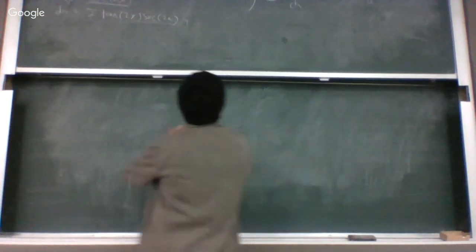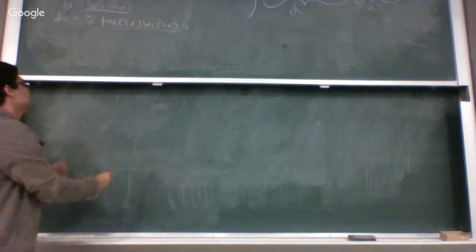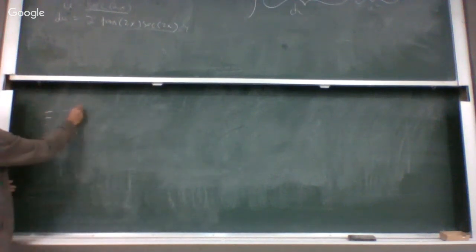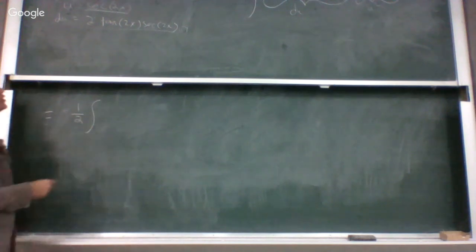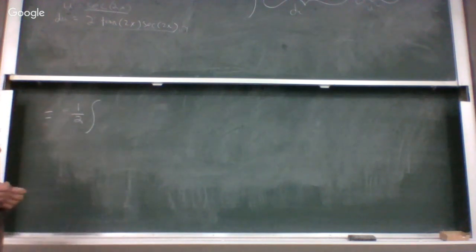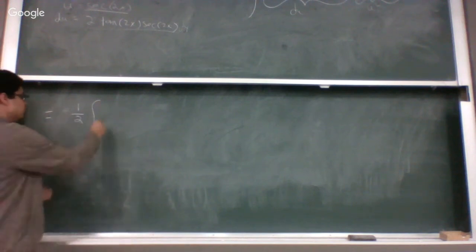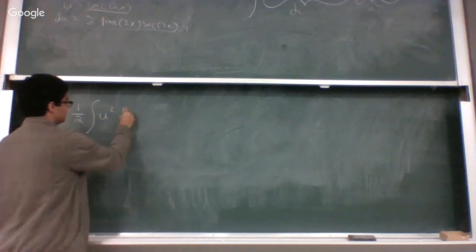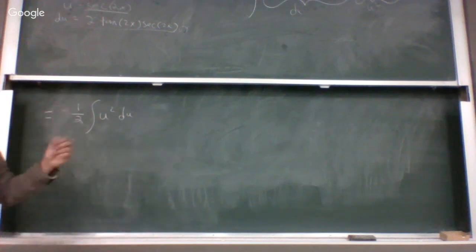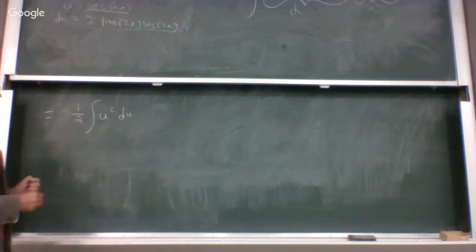So then it becomes relatively simple. We just rewrite it in terms of u and du. So we have 1/2 times the integral of what? Well, you always want to do u squared times du. Just a conventional way of putting it.